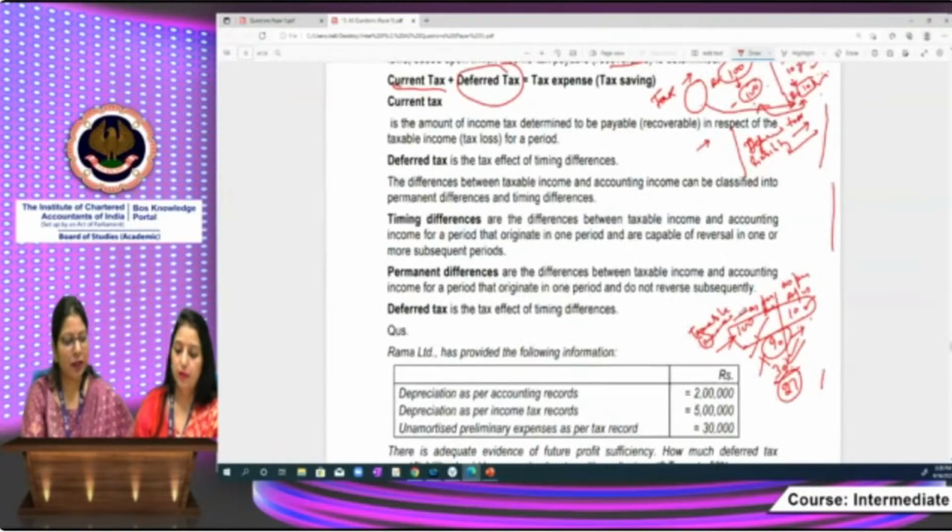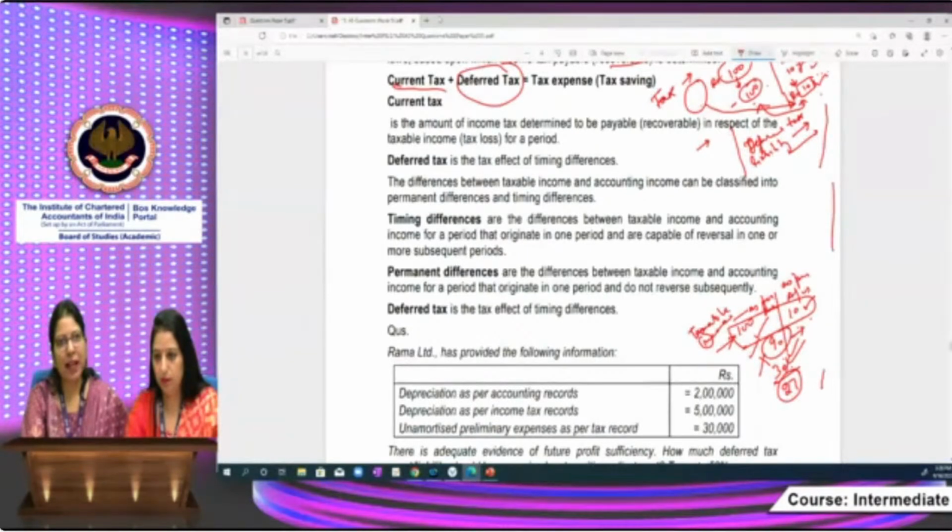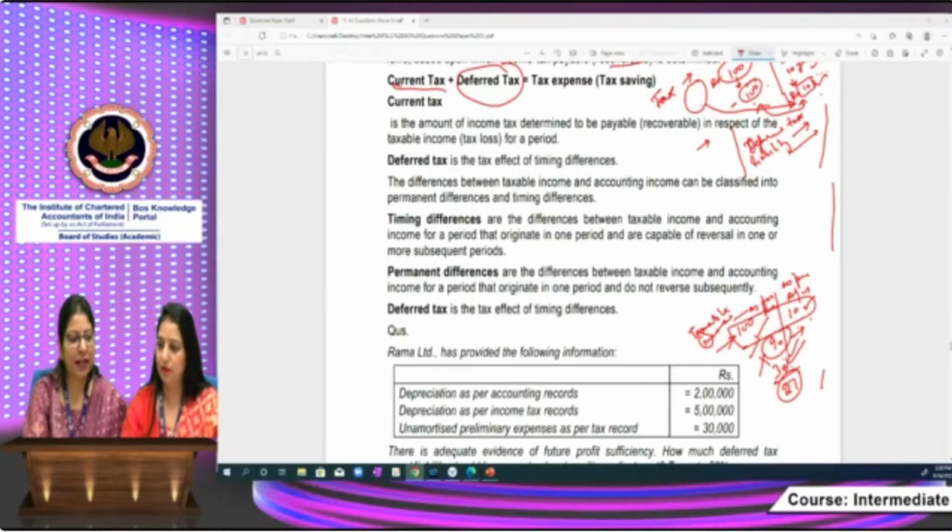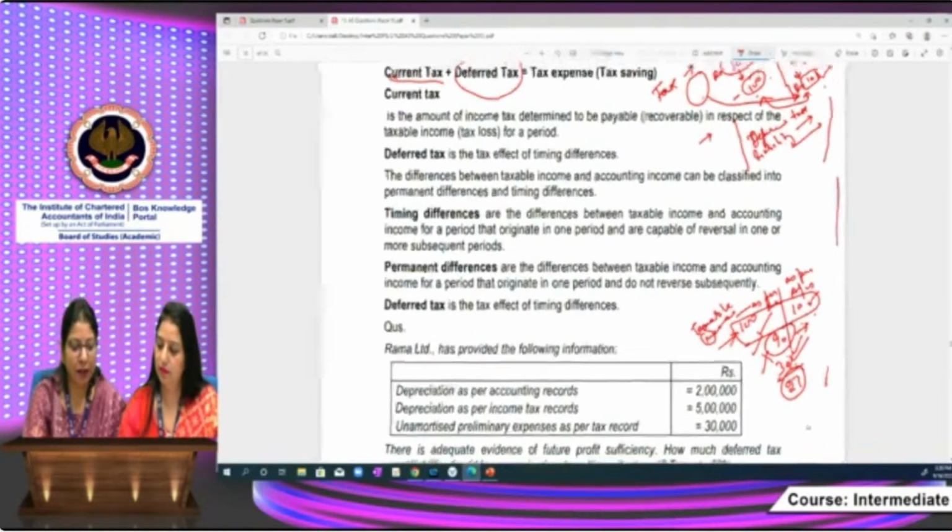So now the basic difference of deferred tax asset or deferred tax liability is clear to us, that if we are right now paying more tax in comparison to the tax calculated on the basis of the accounting income, because the taxation authorities will not calculate tax on the basis of our income, they will calculate tax on the basis of the taxable income as computed according to them.